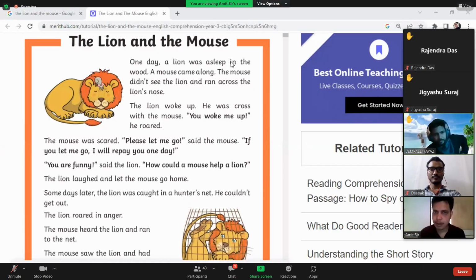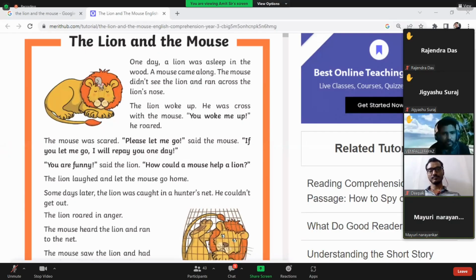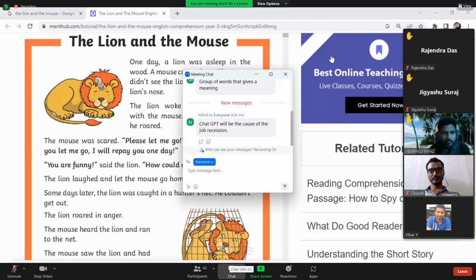Wood. In the wood. What is wood, you know? What is the meaning of "in the wood"? Jungle, like a cave, like a forest.